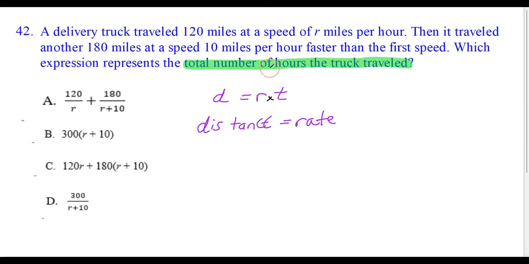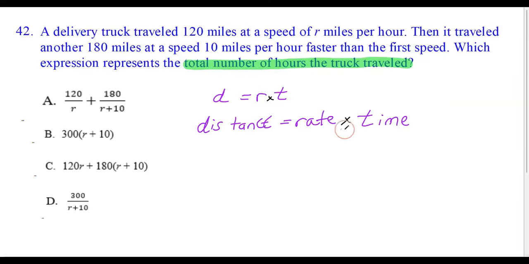That's what rate means in this problem. Times T, which represents the time. Now, it's asking for the total number of hours the truck traveled. Time is measured in hours, so we're really trying to figure out the total time the truck traveled. So I need to solve this for time.